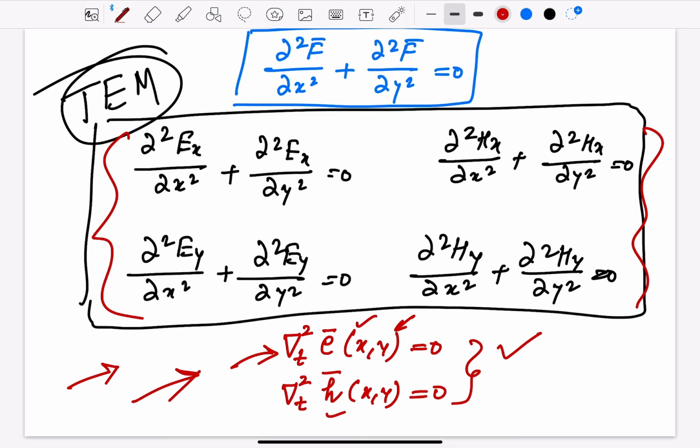This is all about the TEM mode. If you recall, a two conductor system supports the TEM mode.